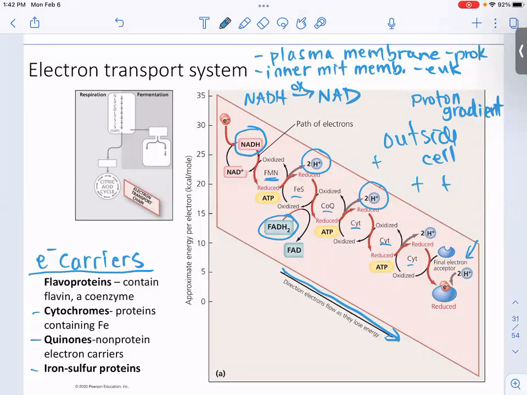So 1 FADH2 is going to convert into about 2 ATP, and 1 NADH is going to convert into about 3 ATP, because the NADHs are dropped at the top of the hill, and the FADH electrons are a little bit further down.